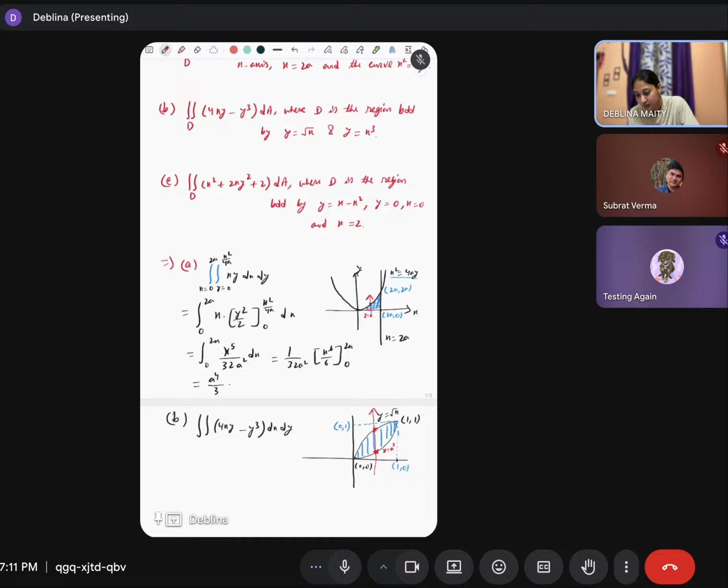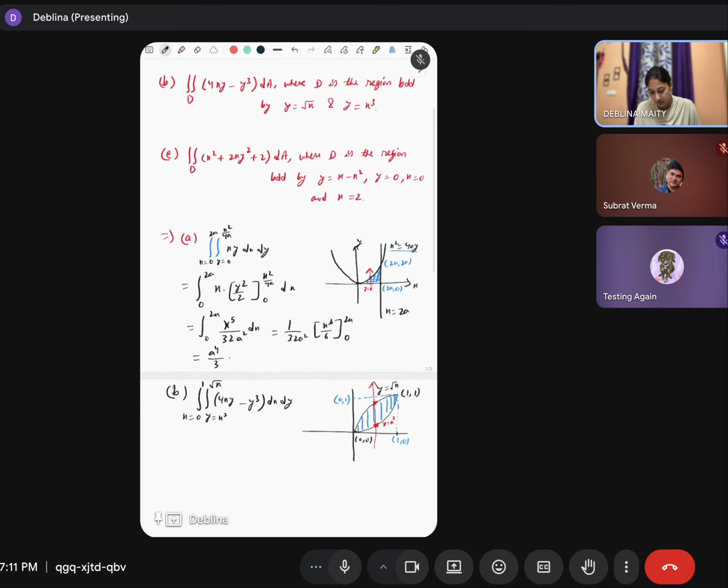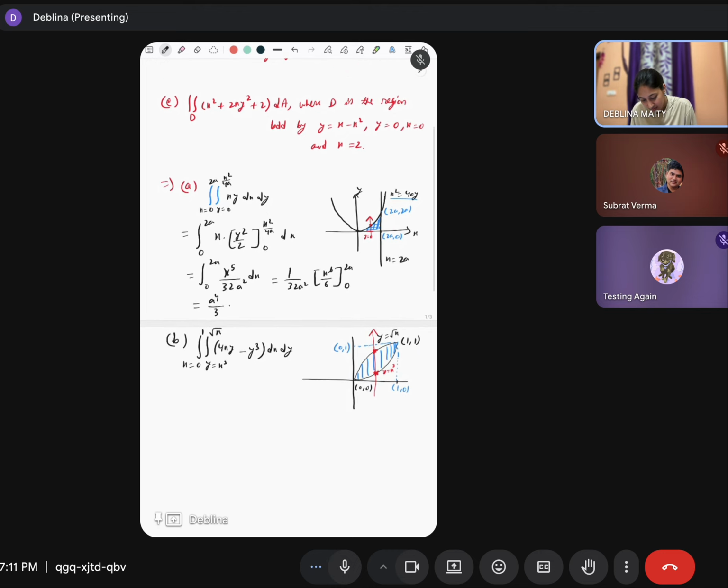So the limit of y will be x cube to root x, and the limit of x will be 0 to 1. So now if we integrate, we'll get 0 to 1.